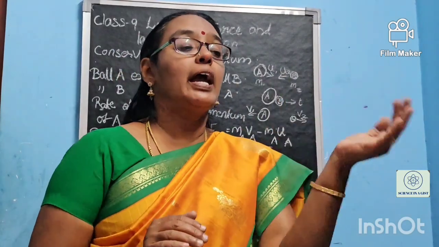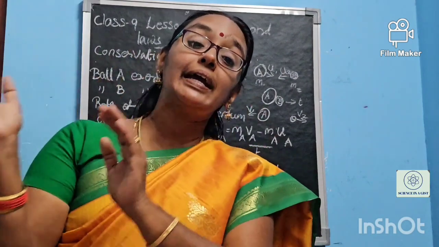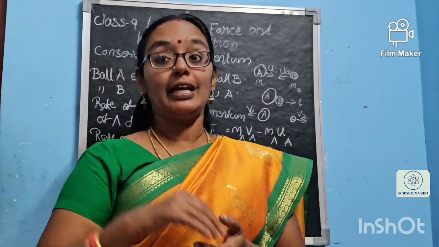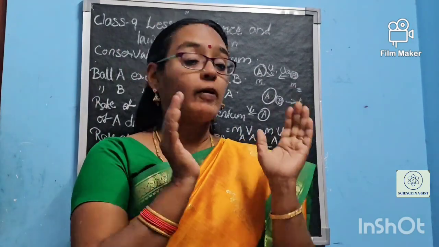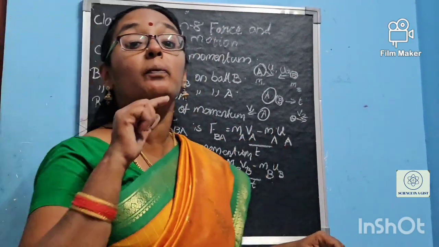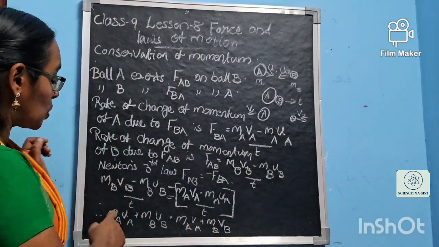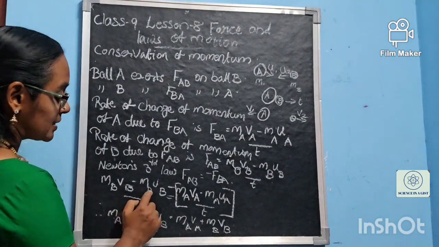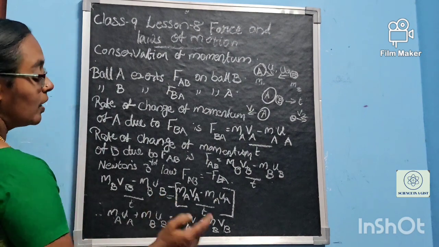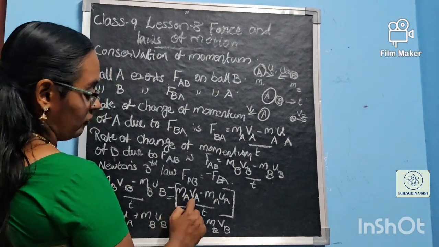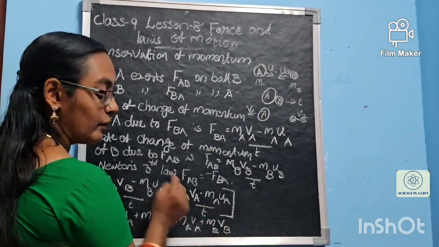So, FAB is equal to minus FBA. Equal, but the reaction is opposite, the direction is opposite. So, (mB vB minus mB uB) divided by t is equal to the negative of (mA vA minus mA uA) divided by t.